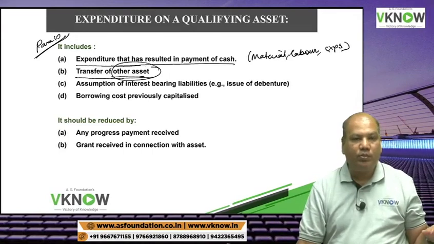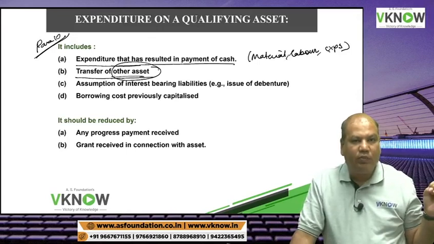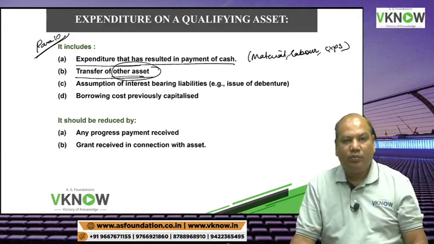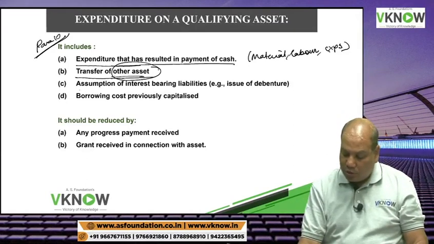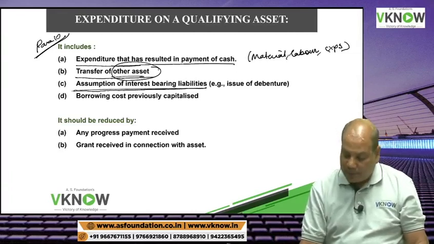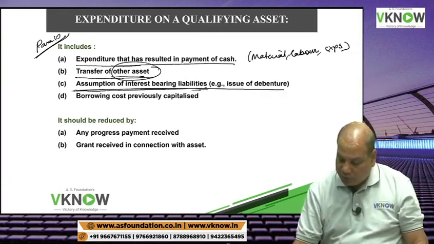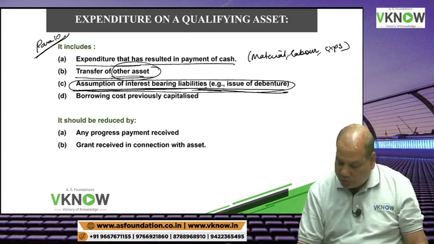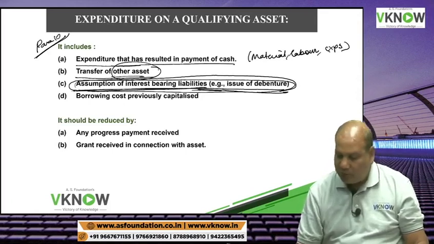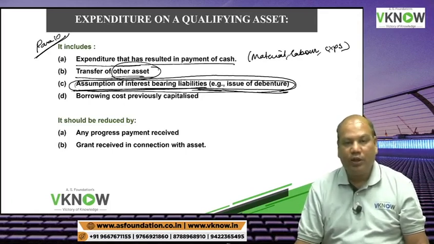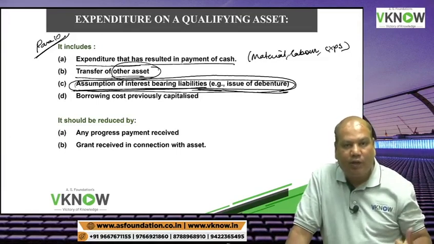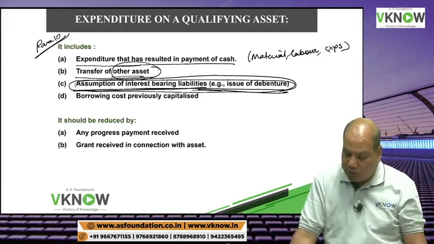So if you have some building construction material with you, which you have used for construction of a building, that will also be considered. Or any assumption of interest bearing liability, for example you have issued debenture for the purpose of buying material. So assumption of any interest bearing liability, you might have taken loan or taken credit for buying material, that will also be considered.